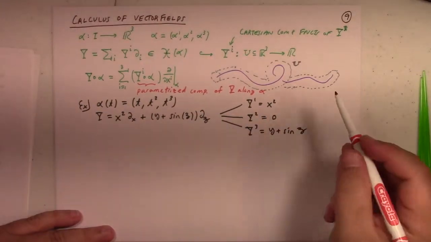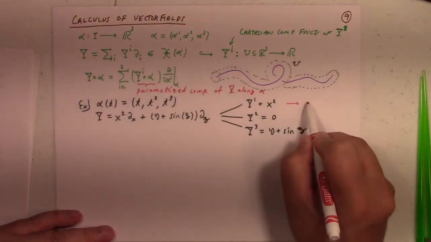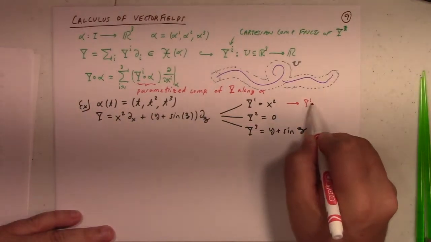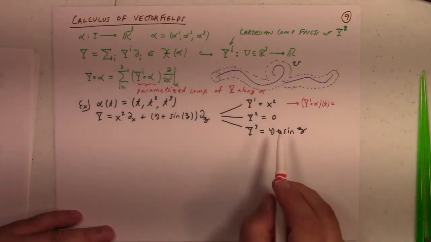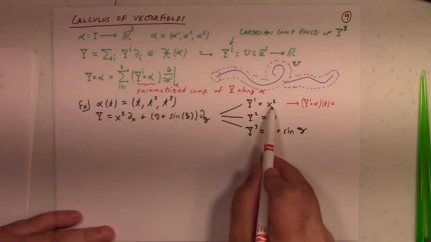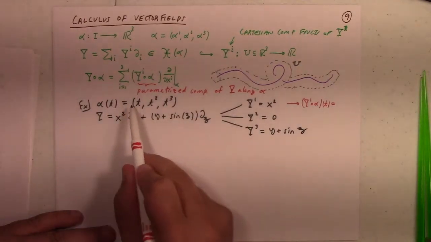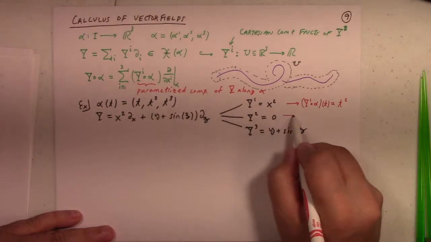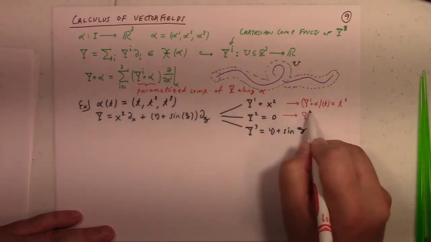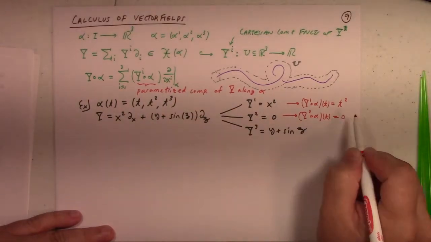So what are the parametrized components of y along this alpha? Well, let's see here. So we get y1 composed with alpha of t is what? Well, x squared. All right. What is the x of alpha of t? It's just t. So that's actually just t squared. This one's easy enough to do. So y2 composed with alpha of t is 0.